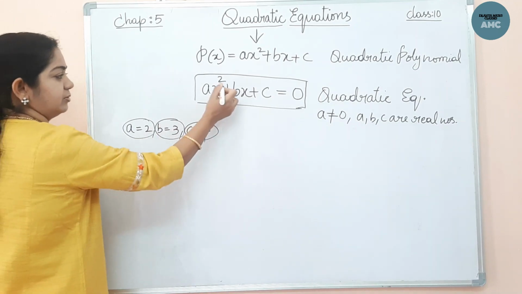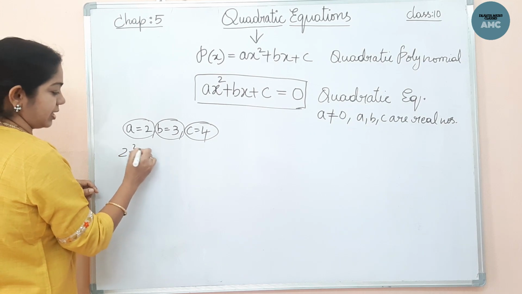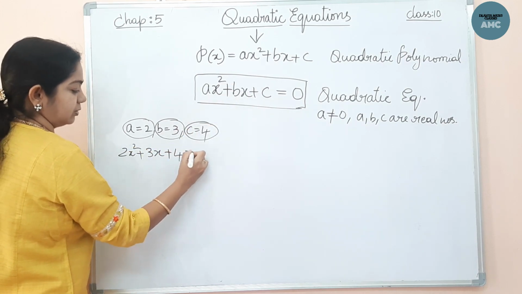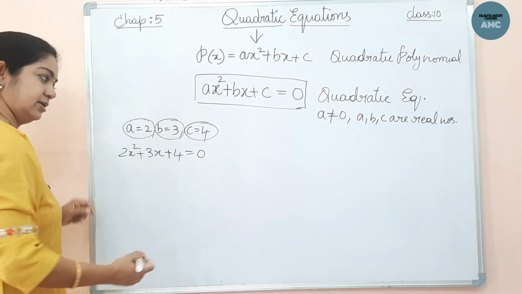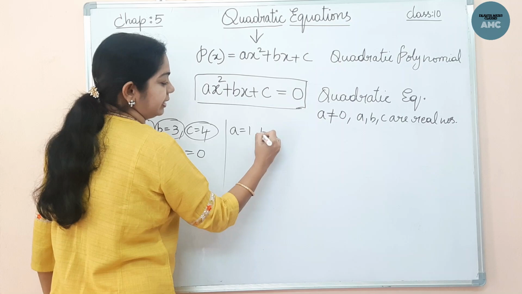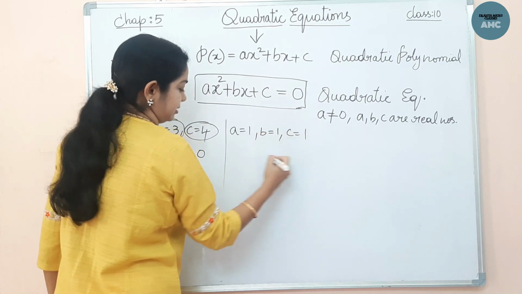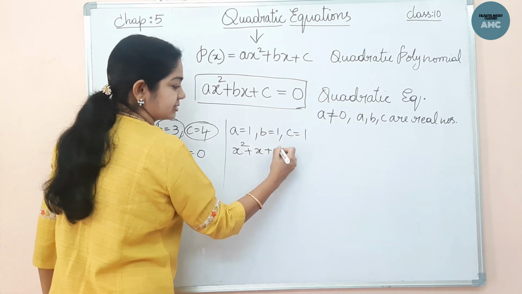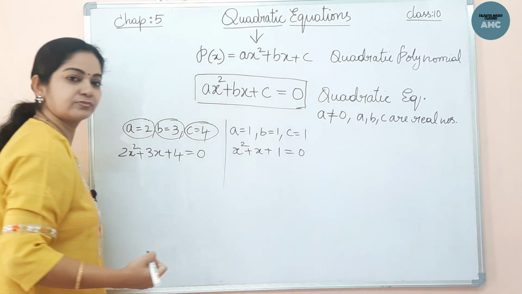If a value is 2, it becomes 2x square plus 3x plus 4 equal to 0. Same way, if a is 1, b is 1, c is 1, it comes to x square plus x plus 1 equals 0.